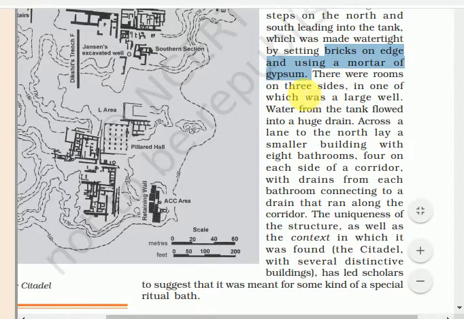There were rooms on three sides, and on one side it has a large well. Water came from that large well, and from that tank it flowed into a huge drain. It had 8 bathrooms, 4 on each side in the corridor.